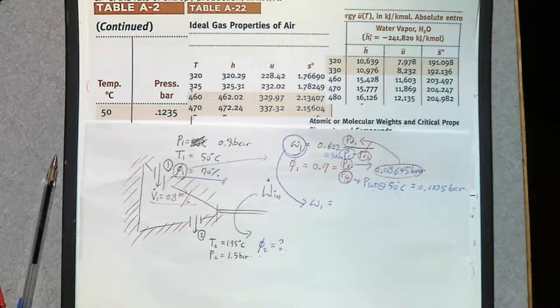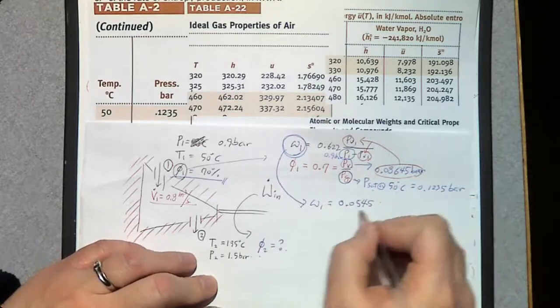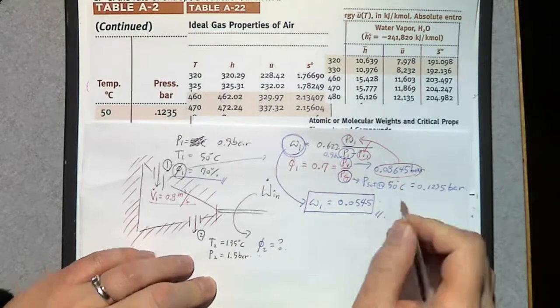Calculator: 0.08645 divided by 0.9 minus 0.08645, multiplied by 0.622. We have 0.0545. So this is the humidity ratio.